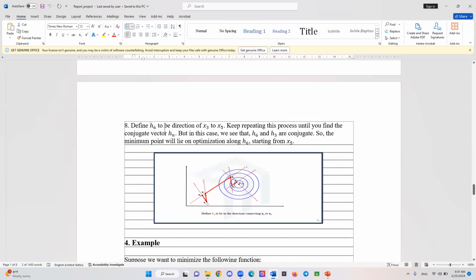And define h6 as the direction connecting h3 and h5. Keep repeating the process until you find the conjugate vectors or the convergence, or the minimum of the function.